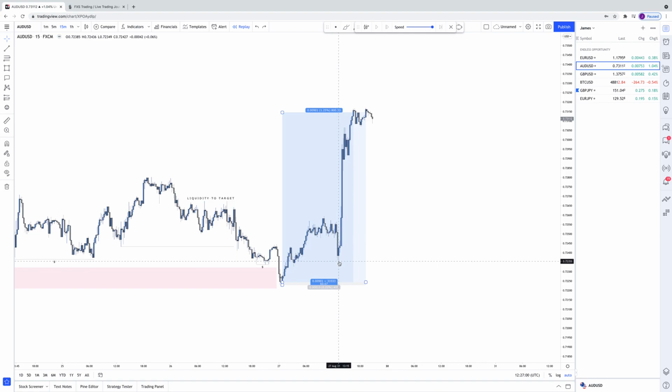There's no saying, although this is a move down to take liquidity from this range and mitigation of the very last break of structure, and we have the same thing here on this wick, which is a 1 minute mitigation from the news before price committed.